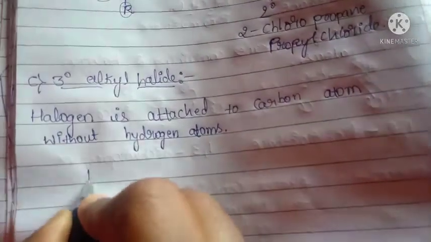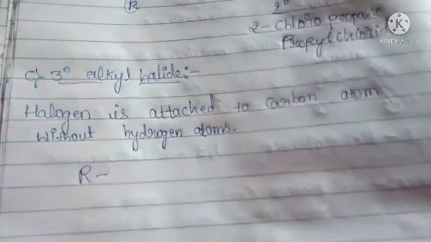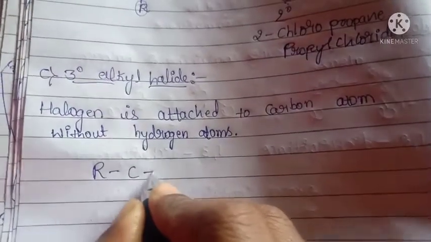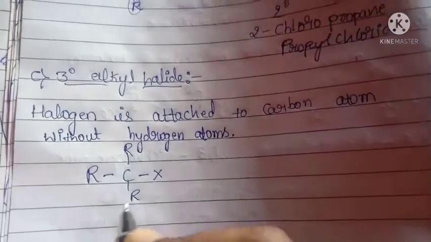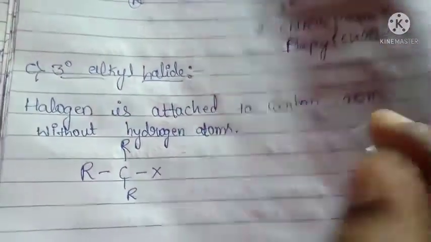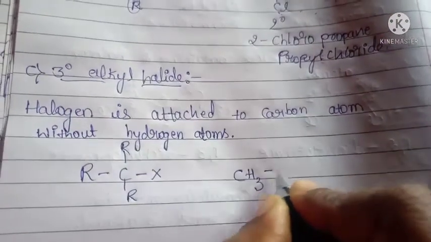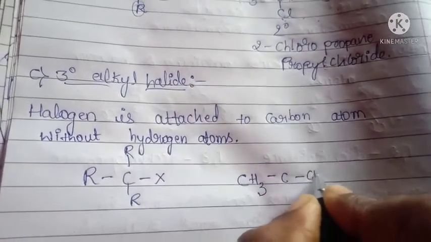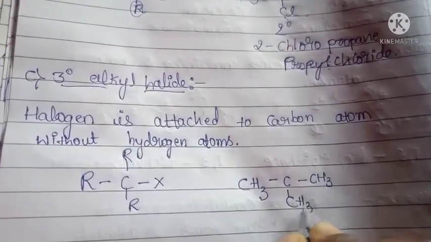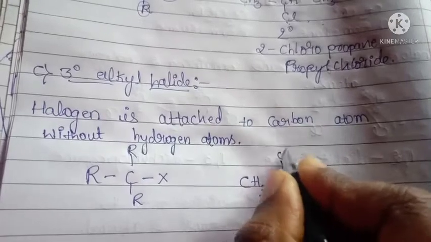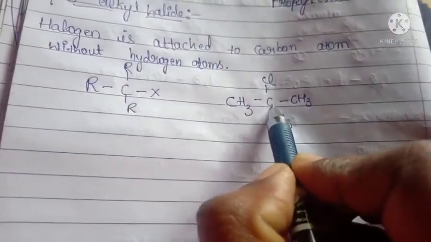For example, R3C X, this is the general example. This is (CH3)3C Cl. Here you have to observe the chlorine group is attached to this carbon atom.